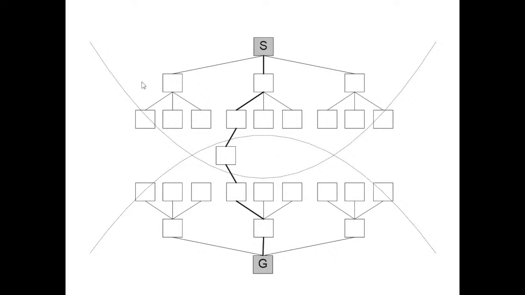For example, when we apply breadth first search, we search and check the state level by level. And if we use depth first search, we go to the deepest level first, until the level is exhausted, and so on.